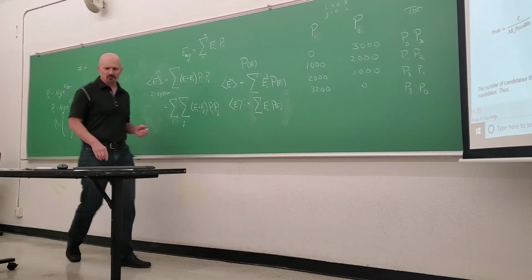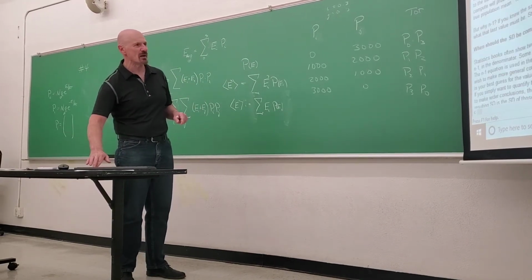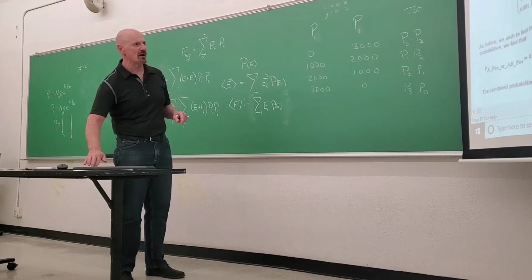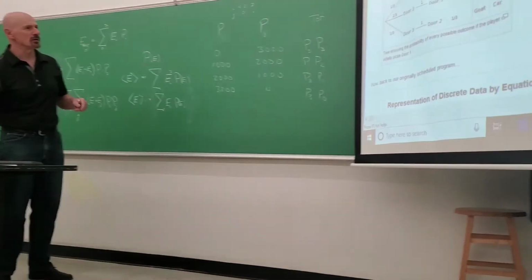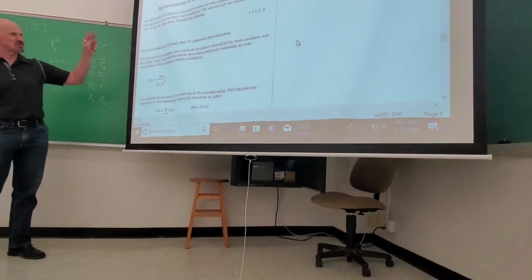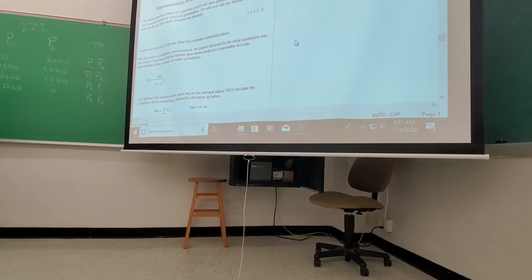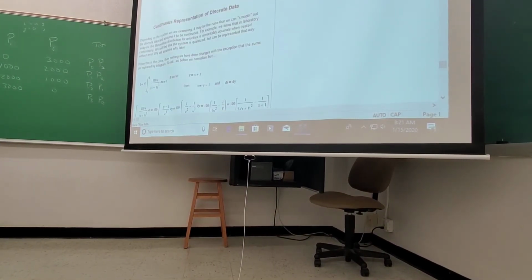But the last part of this, we have discrete values such as this. We have functions that sometimes reproduce those discrete values, like we had done down here, where I just invented a representation of discrete data by equations. But again, if we can treat things as continuous, then a sum turns into an integral.